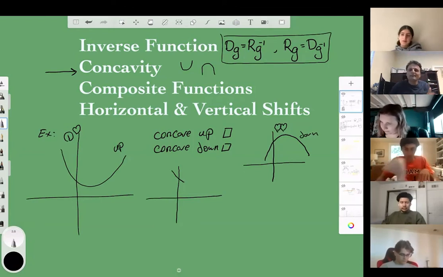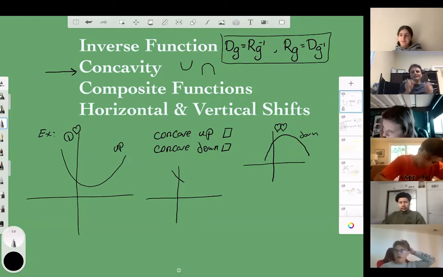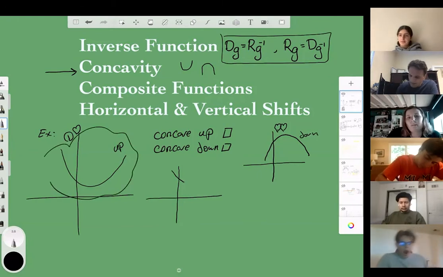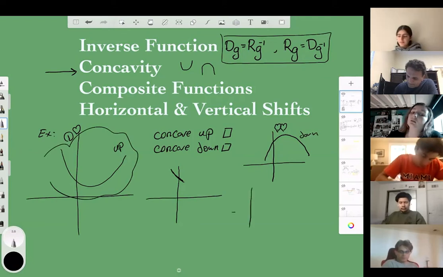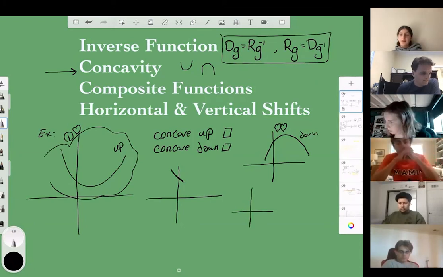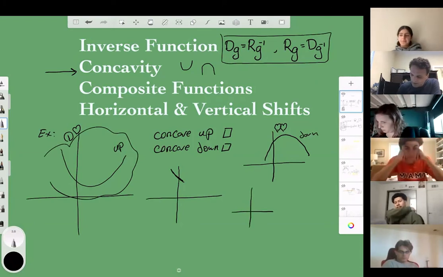What you're going to see in the homework is they give you a little piece of the graph that is not obvious like this. But the question is, does this go up or down? Up. This goes up. What about this, does this go up or down?